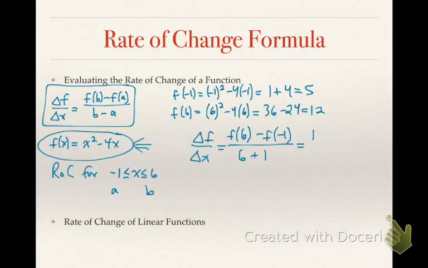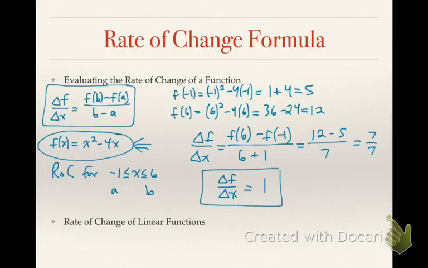I get 12 minus 5 over 7, which is 7 over 7. So the average rate of change here is 1. That's just an example of finding the average rate of change.